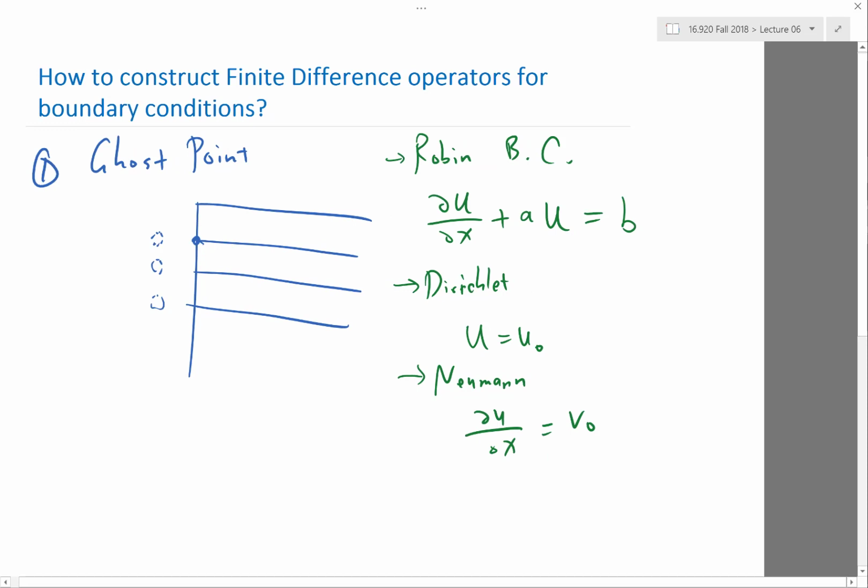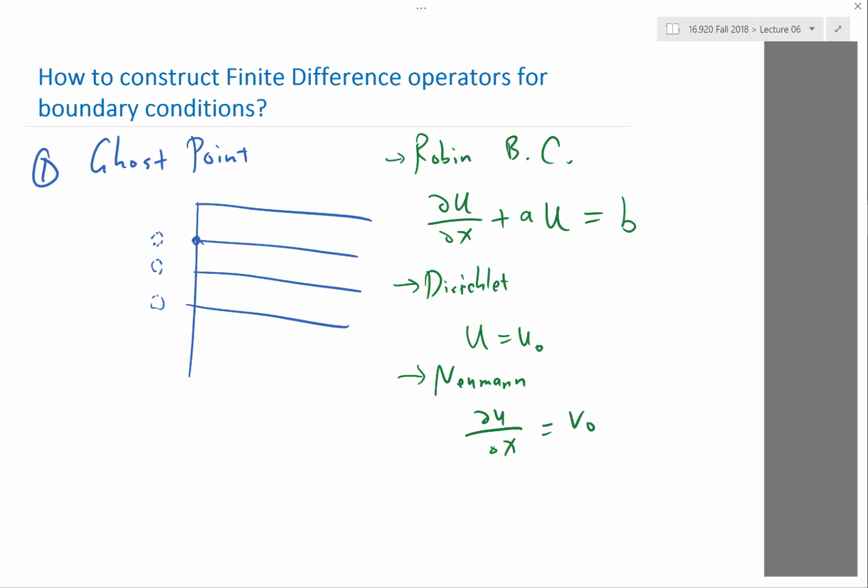That means the temperature. Yes, you have a question? Natural what? Right. The Robin boundary condition is basically saying that the linear combination of heat flux and the temperature is equal to a certain thing, right?